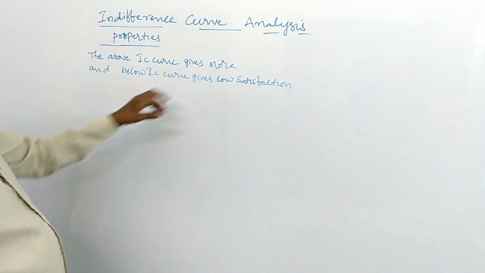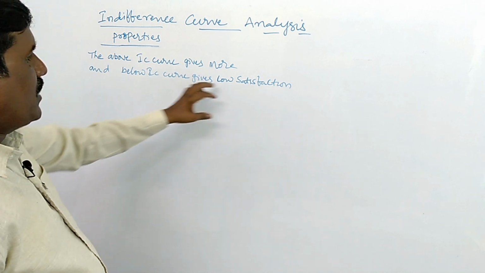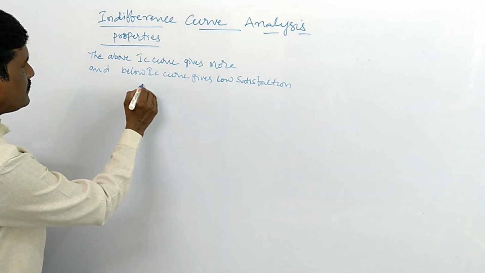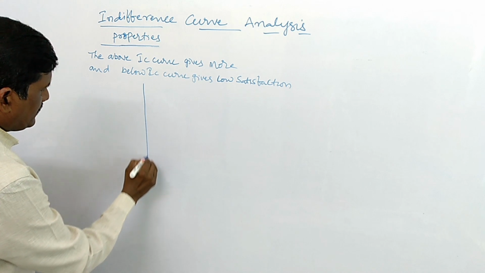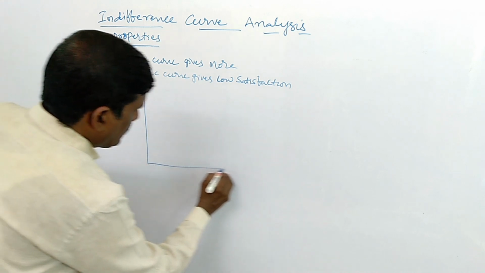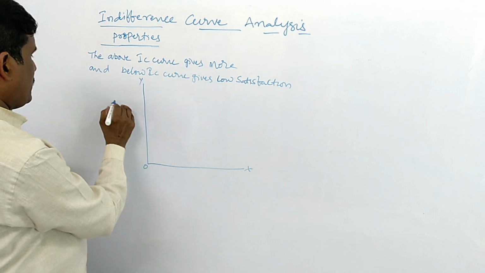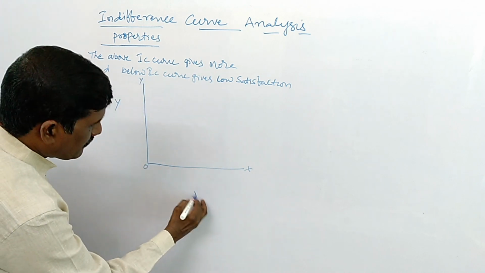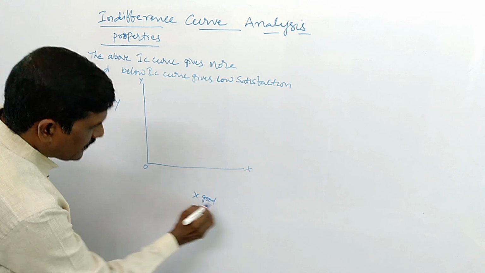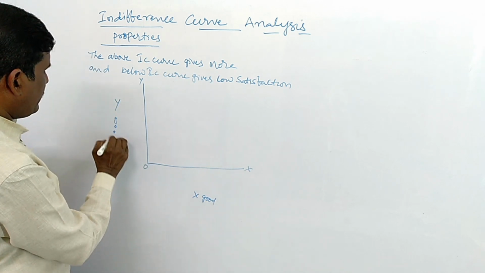The above IC curve gives more and below IC curve gives low satisfaction. Y good, X good here.